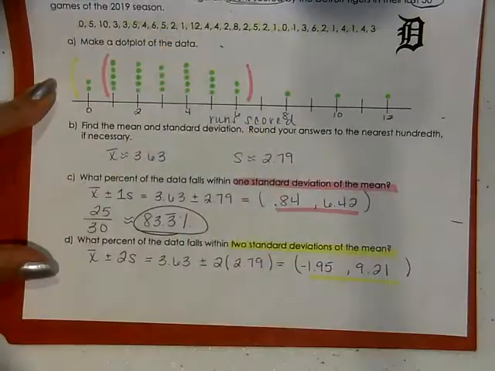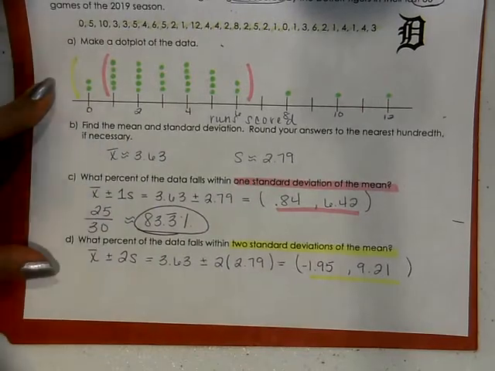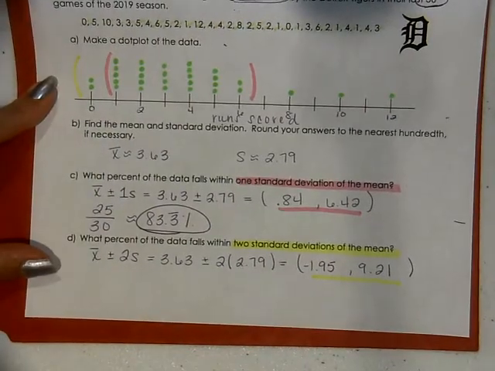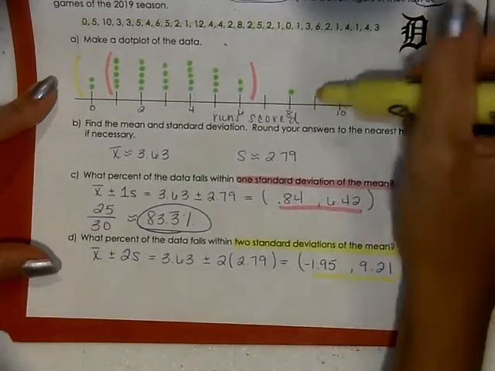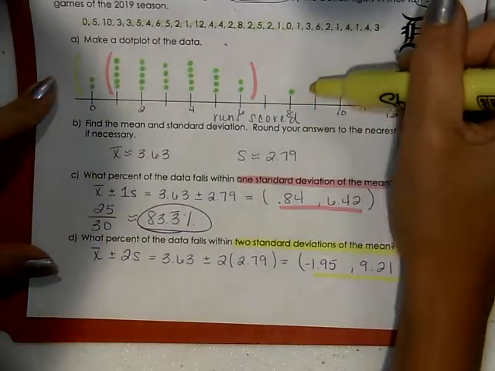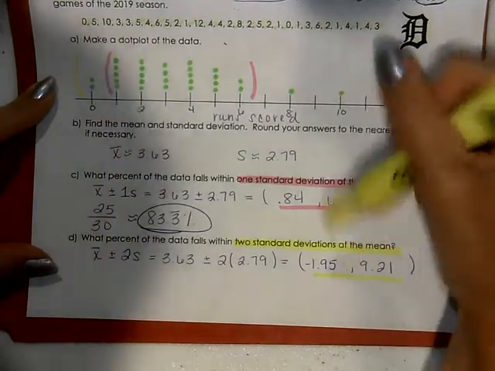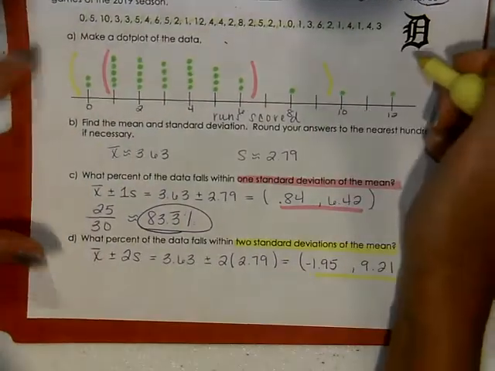So negative 1.95, that goes all the way to 0. No matter how bad your team is in baseball offensively, you can't score negative runs, so we're going to include 0. And it goes up to 9, it includes any points at 9, even though there are none, but 10 is not in that interval, so it's right here.